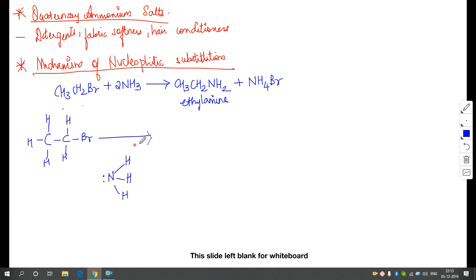Now this is undergoing to form ethylamine. What is happening here is that the lone pair of electrons is going to move towards this carbon, and this bond is going to shift over to the bromine.